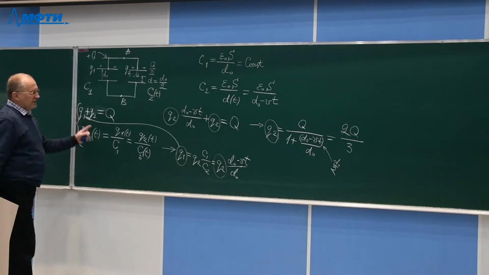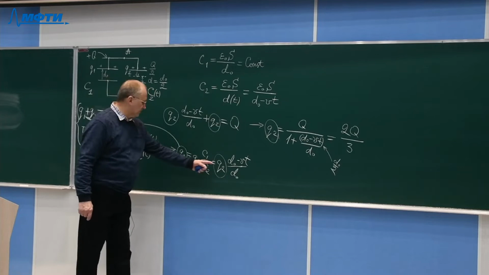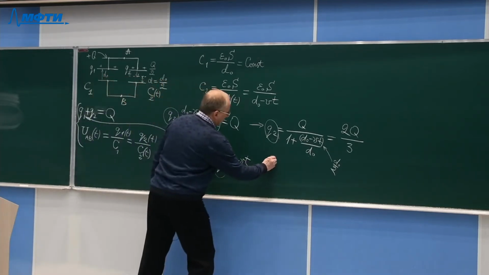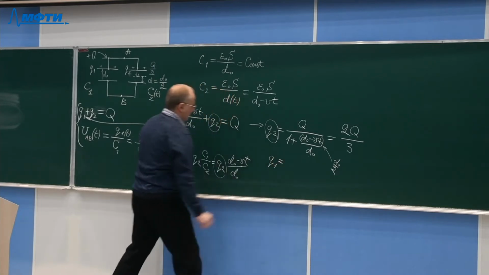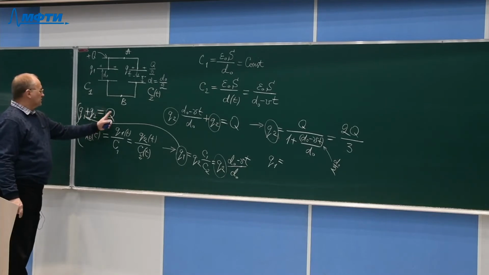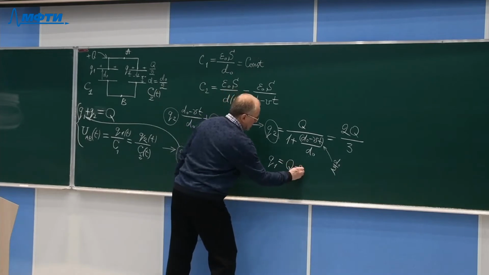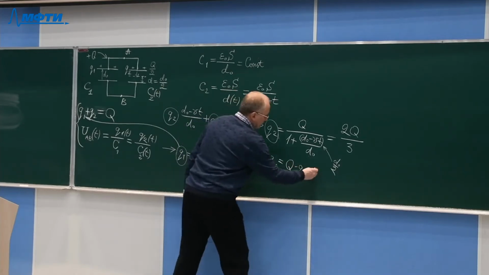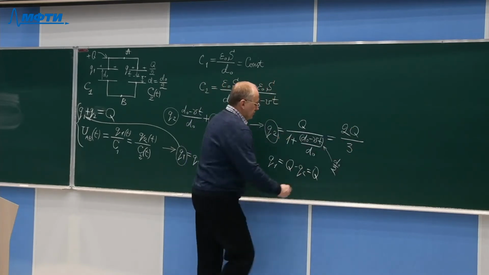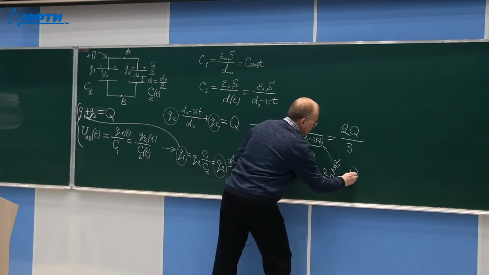Now we can easily find the charge on the first capacitor, as we have the relationship between these two charges. It will be capital Q minus the charge of the second capacitor. So it will be capital Q minus 2/3 of Q. And that will be equal to Q divided by 3.